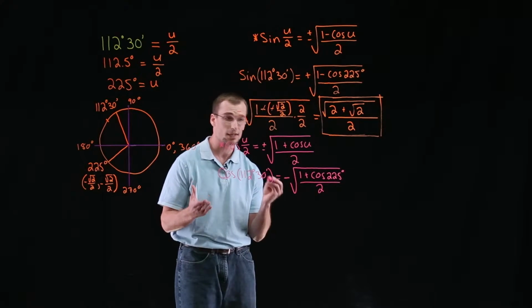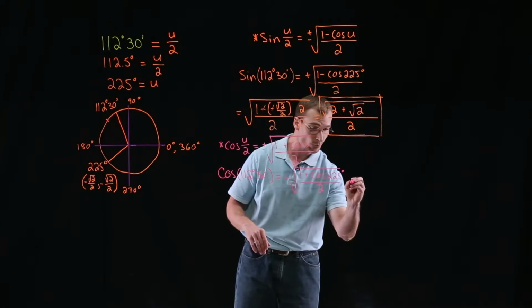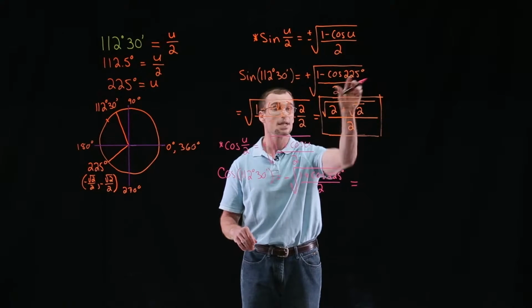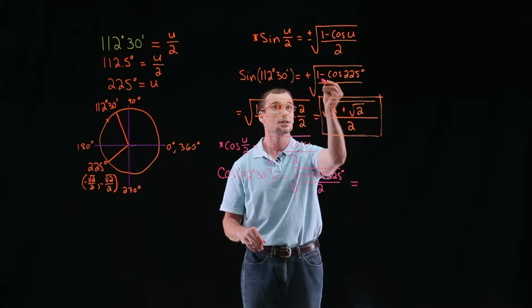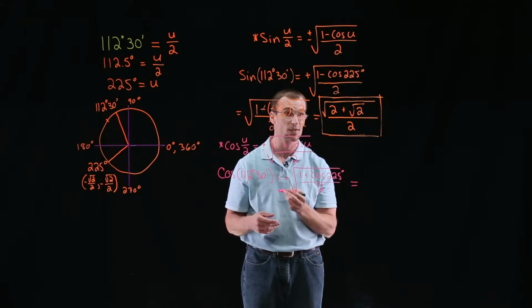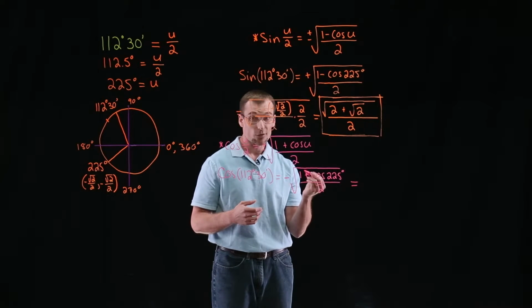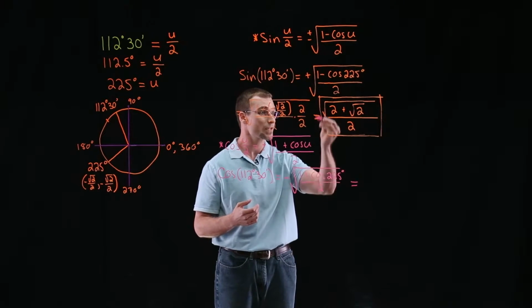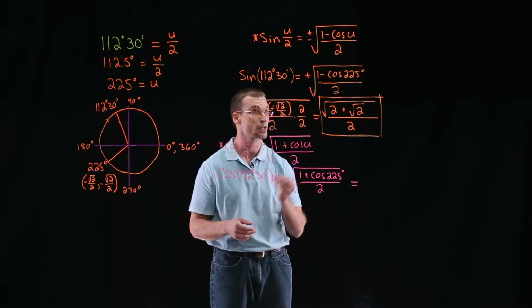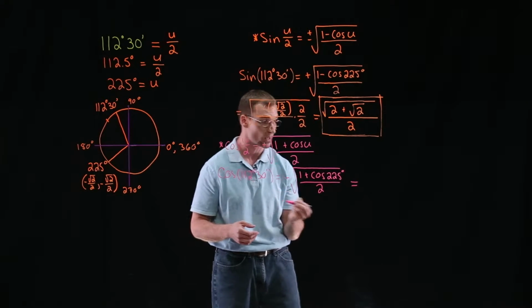Now, we can save ourselves a little bit of work here if we just note up here, inside the square root, it's essentially the same expression, except our minus is now a plus. So we can go all the way back through the same steps if we wanted to, or we note we get the same expression, but we can just change the sign since we start with different signs in our two expressions.